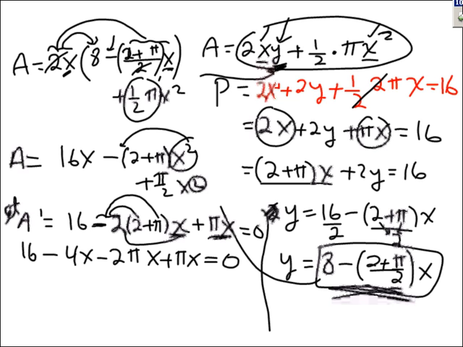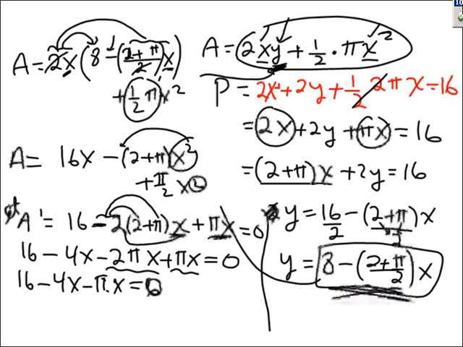Okay, so now we have 16 minus 4x. You take away 2 pi x, and you add back 1 pi x. You're taking away pi x. And this still equals 0.